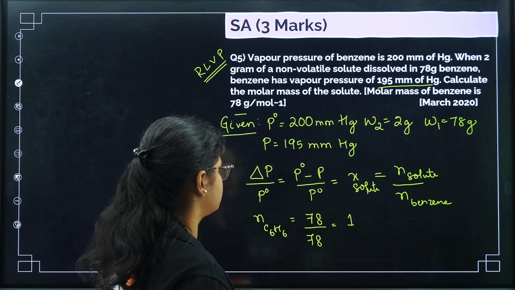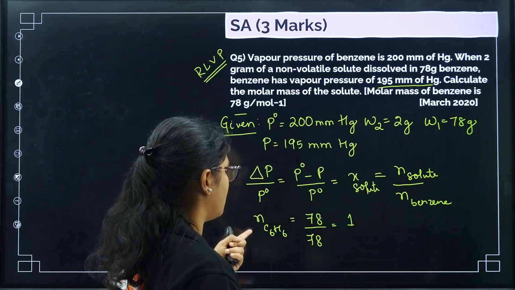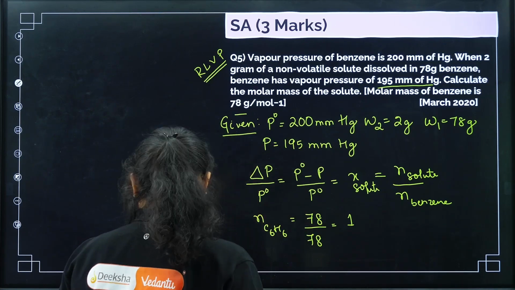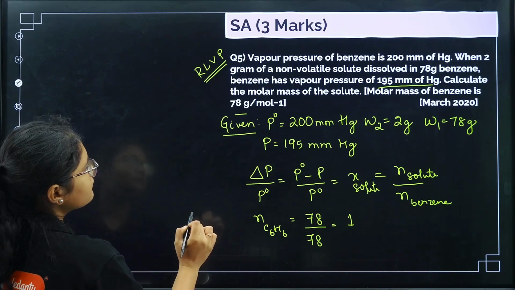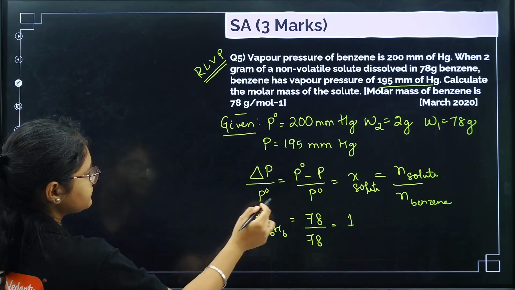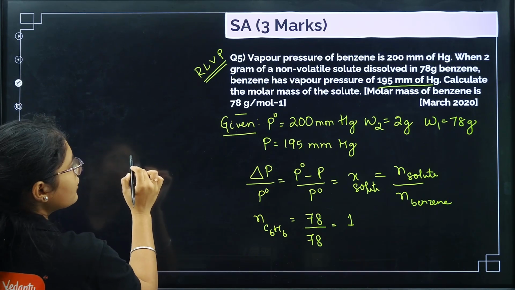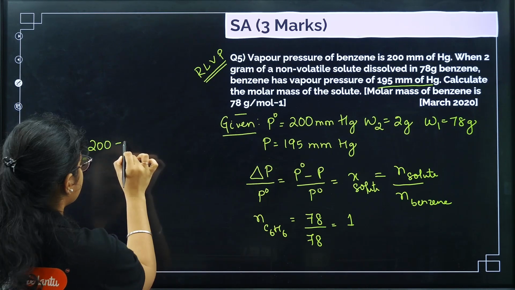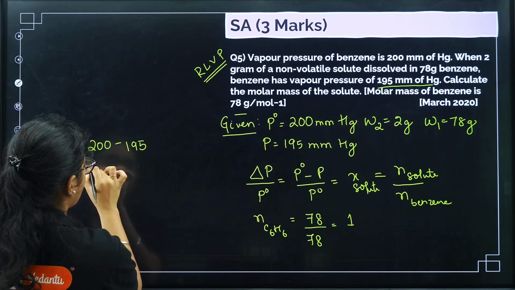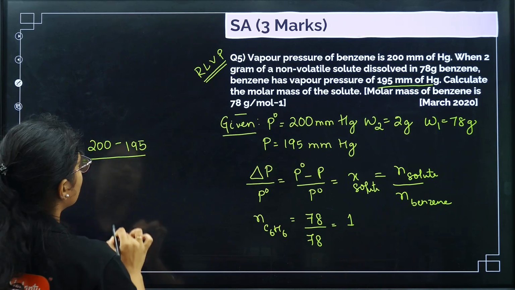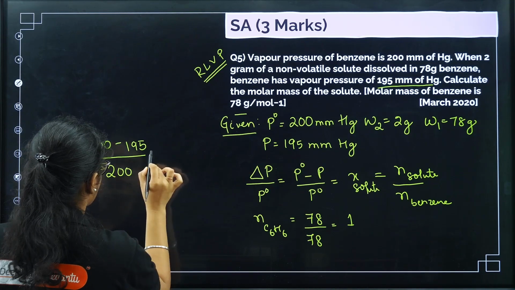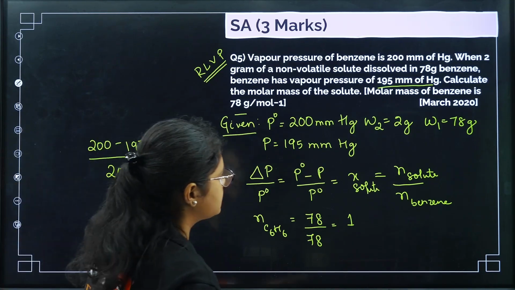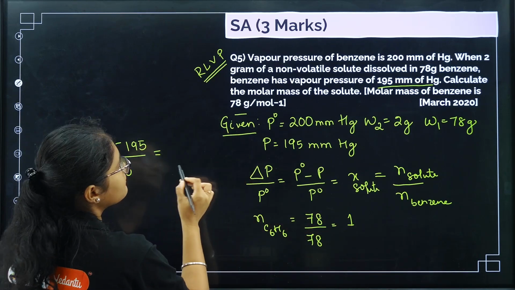Number of moles of benzene is 1. Now if I substitute here, P naught value is 200, minus P value is 195, right, divided by 200, is equal to number of moles of solute, given mass by molar mass.